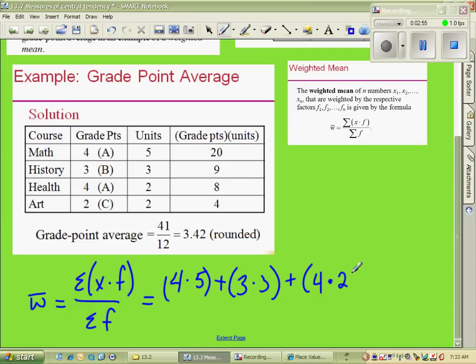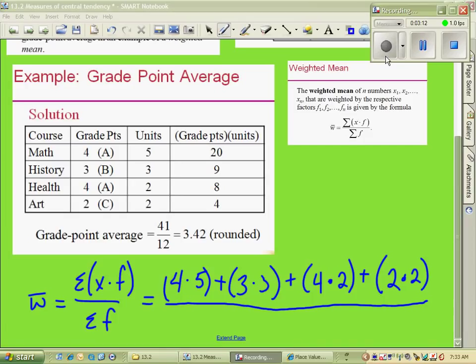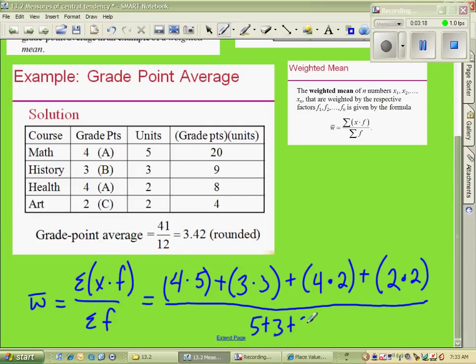It has a factor of 2. Plus, in art class we made a C, and that class has a factor of 2. And all of that is going to be over the sum of the factors, which is 5 plus 3 plus 2 plus 2, which came from right here.